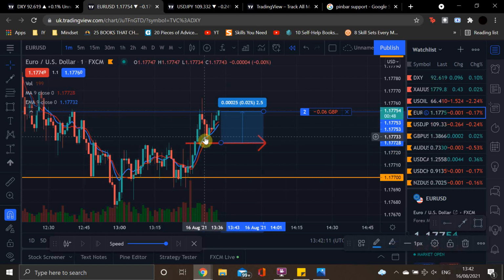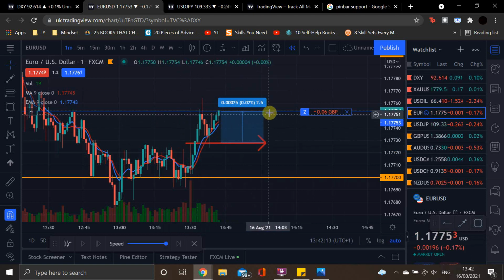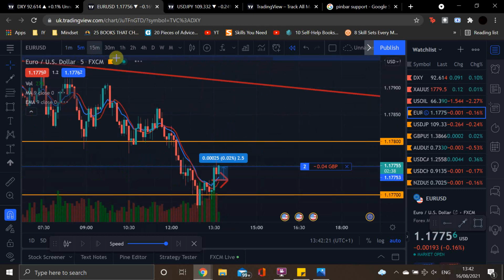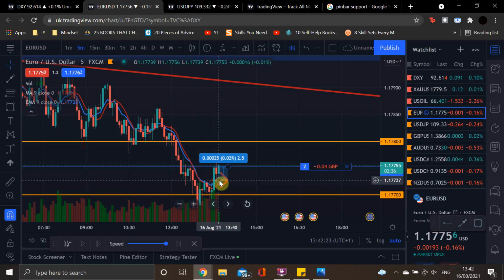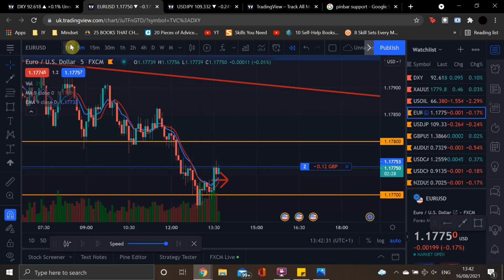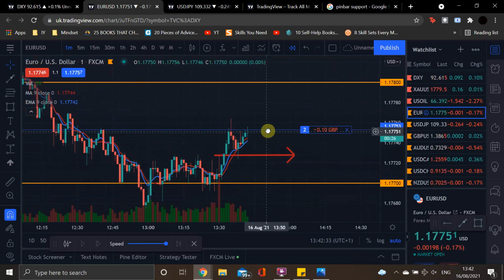Yeah, I need to focus more on risk to reward. But that's 2.5. 2.5 risk for a 4.8 gain. So let's see how that does. Okay.